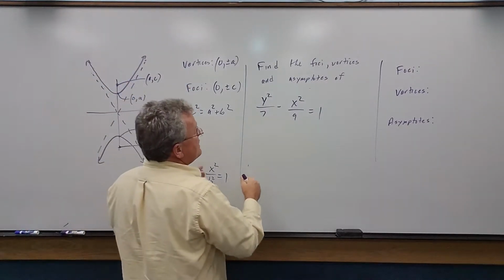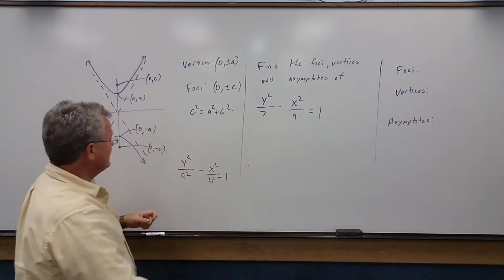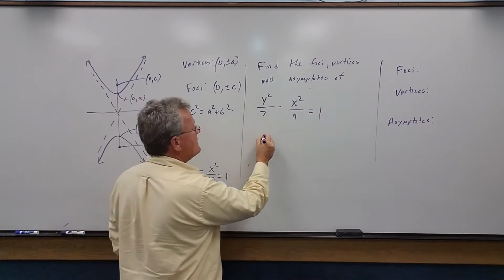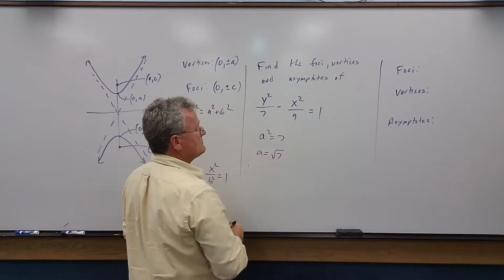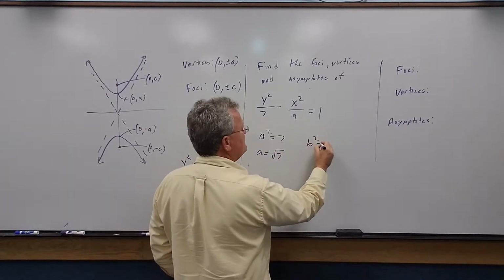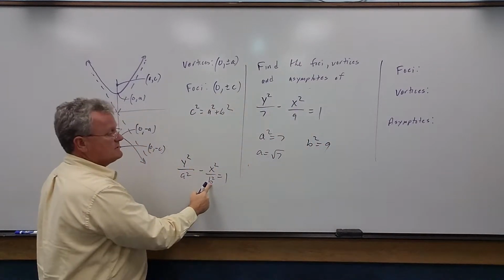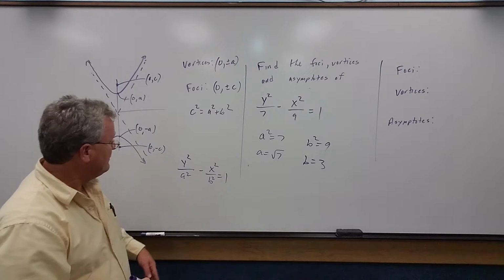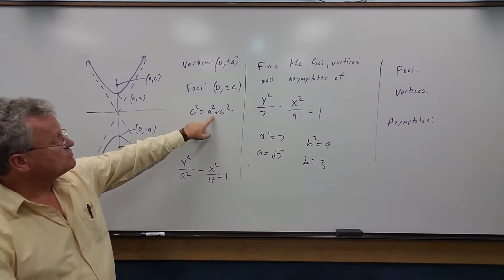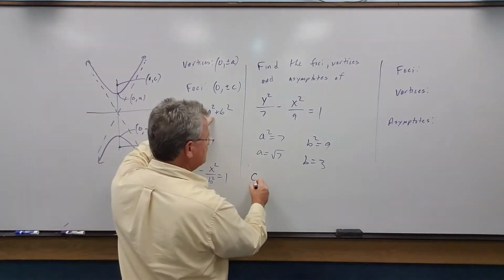So what are the foci? Well, a squared, that's the number under y. A squared is 7, so a is the square root of 7. b squared is 9, so b is the square root of 9, which is 3. c is the square root of a squared plus b squared.